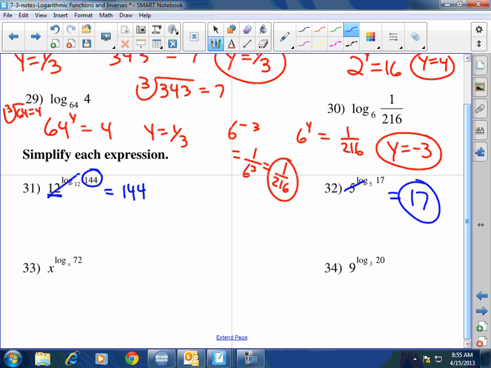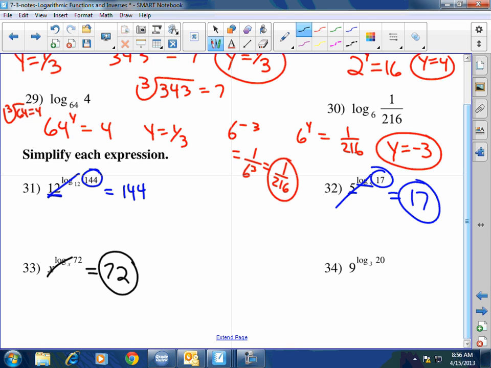So I'm left with my A, which is 144. Here, base 5 to the log of base 5, they cancel. I'm left with my A, which in this case is 17. X to the log of base X equals 72.